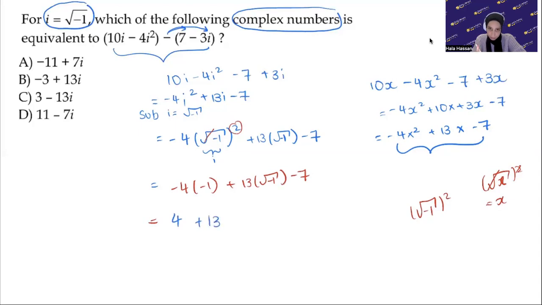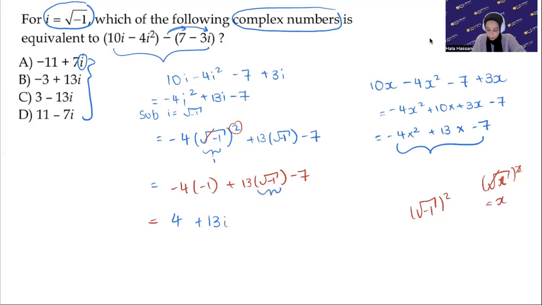Now, the reason I'm going to do what I'm going to do next is because the answers are not written in terms of the root of -1. They're written in terms of i. So that's why I'm going to turn this root of -1 into just an i, right?